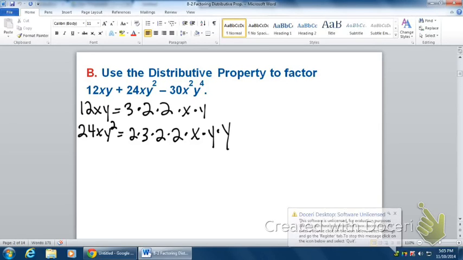Alrighty then. Now, remember, this is a negative 30 x squared and y to the fourth. To factor out a negative number, we need to factor out that negative 1, and then we just need to factor out 30.